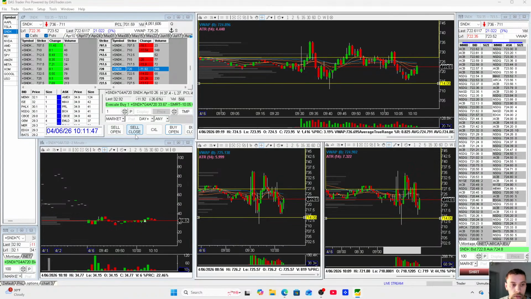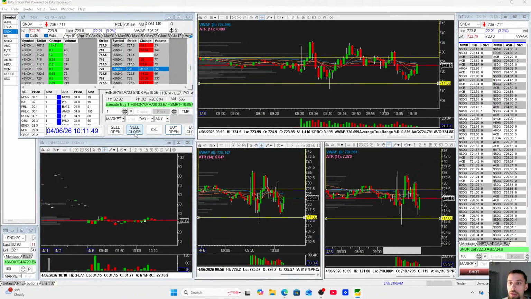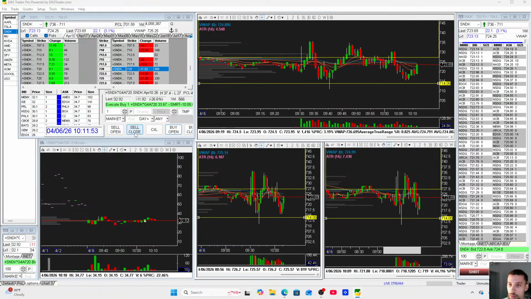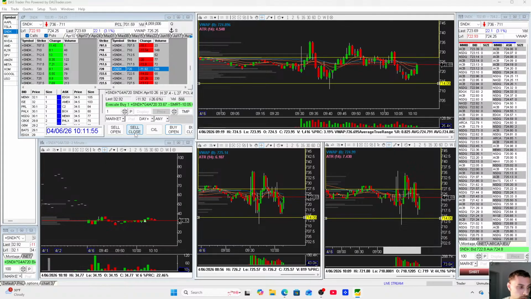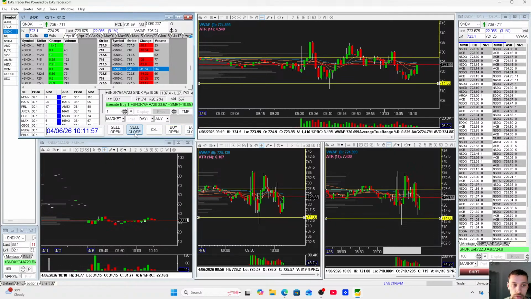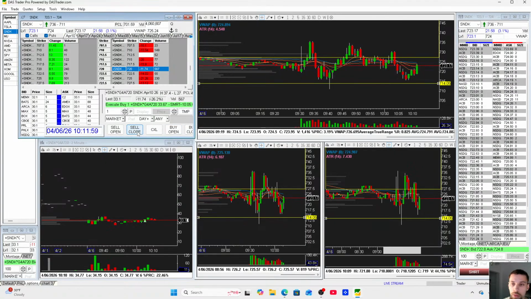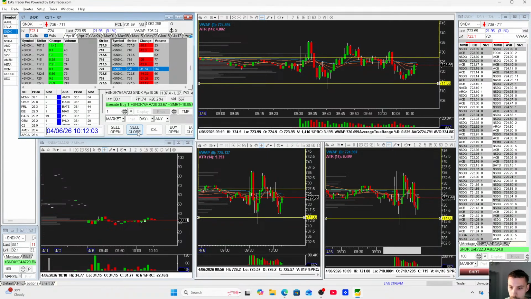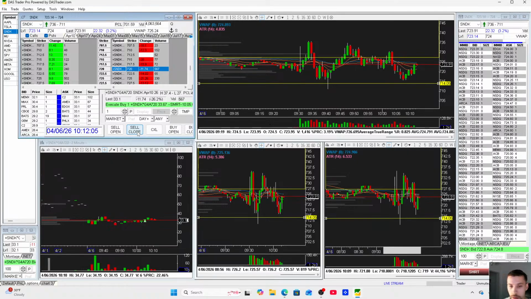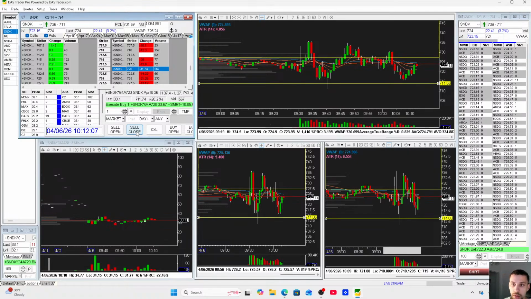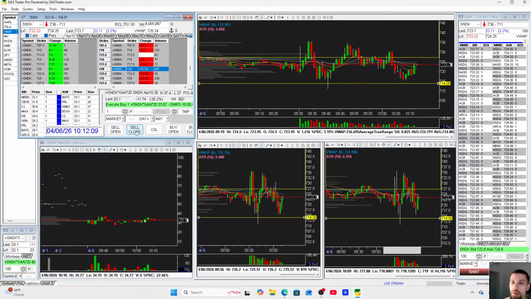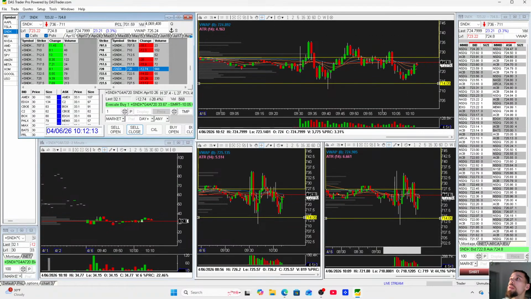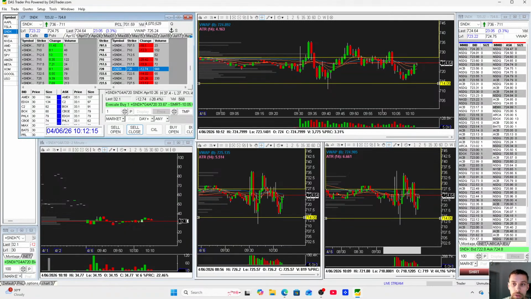Alright, SNDK didn't want to go down just yet. Let's see what this does. If we lose VWAP here, I'm out. The latter definitely looks more bullish.